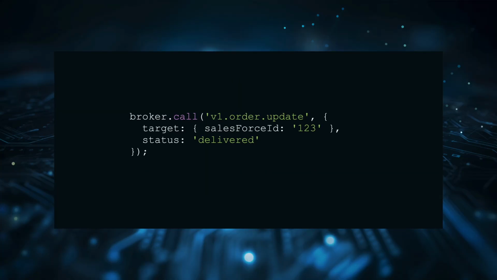All right, I mentioned back and forth and how we try to eliminate that. There's one other interesting thing that we have on our actions, and that is the target parameter. The target parameter allows you to send an action and say, I want to, for example, update the order that corresponds with this Salesforce ID.